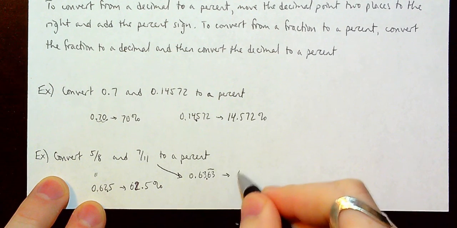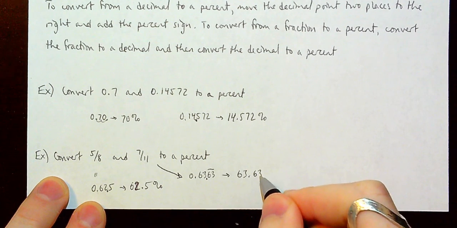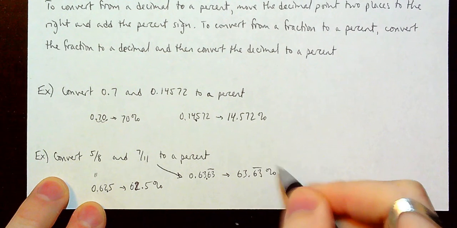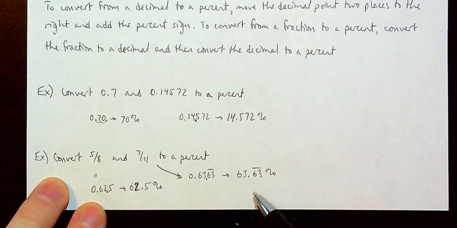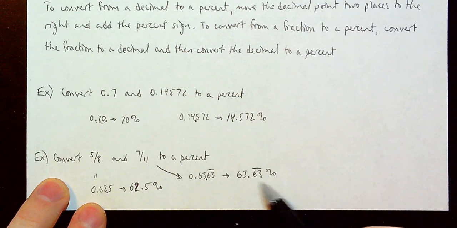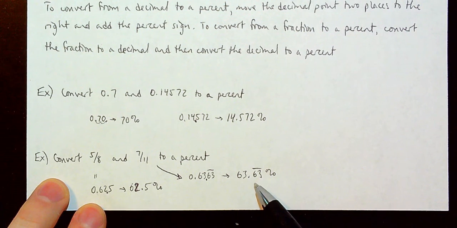It's going to be 63.63%. And we put that bar over there just as a bit of a recap from a previous video. We put that bar over there to show that this pattern does indeed repeat forever and ever. The numbers under the bar and the order that they're in, that sequence of numbers repeats.